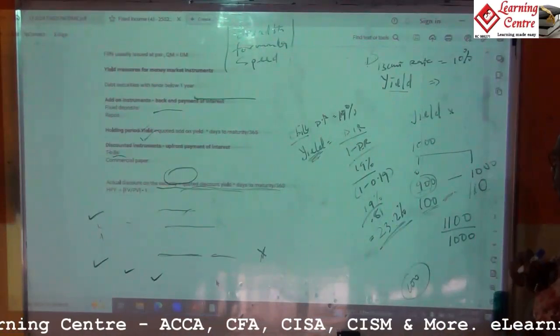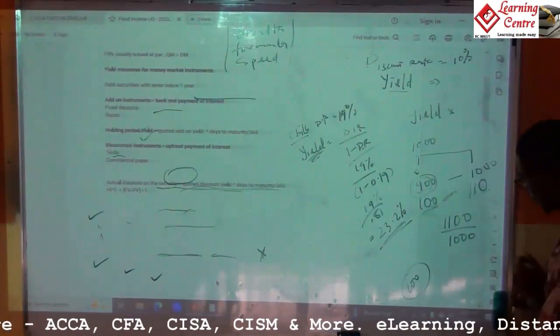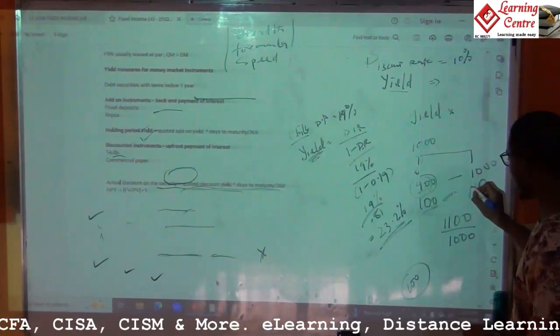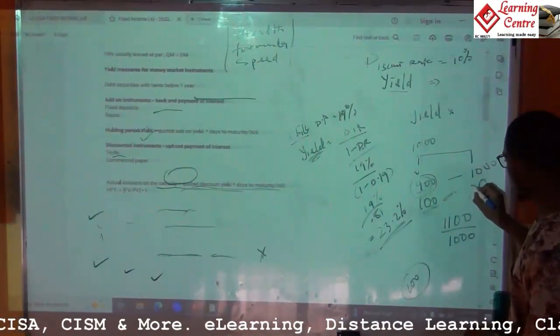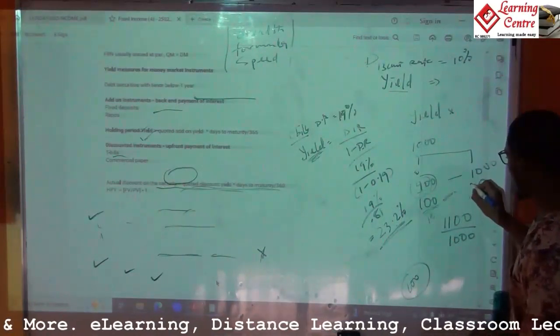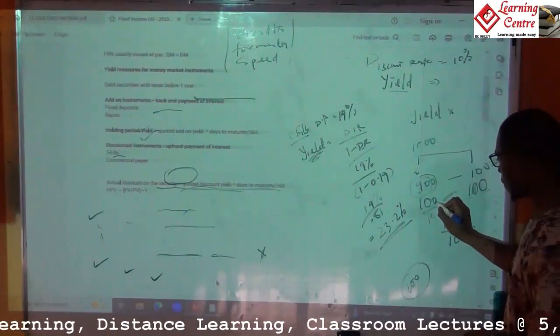In a discounted instrument, I know that they will give me my interest upfront. So if I say I want to invest 100, it will still go on as if they will give me my 10 naira upfront again and pay me 100 on this day.